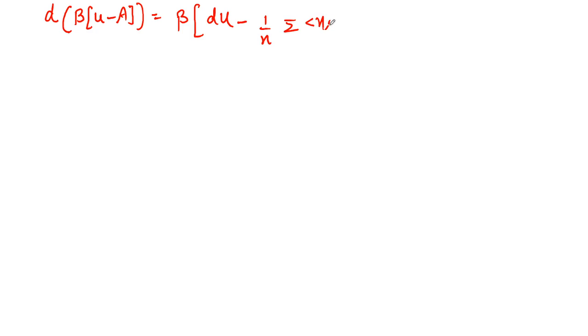So our equation number 6 which we have derived is d(βU minus βA) is equal to beta times dU minus 1 over capital N summation of Nr into dEr.